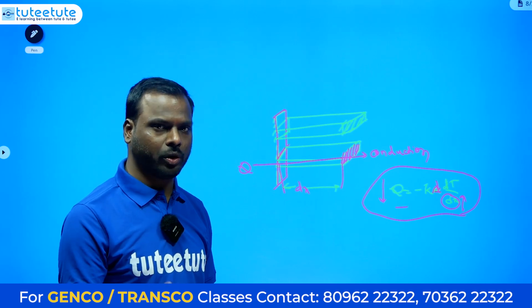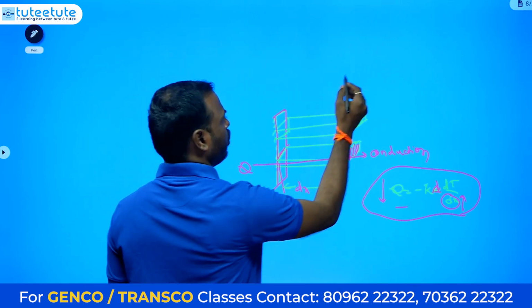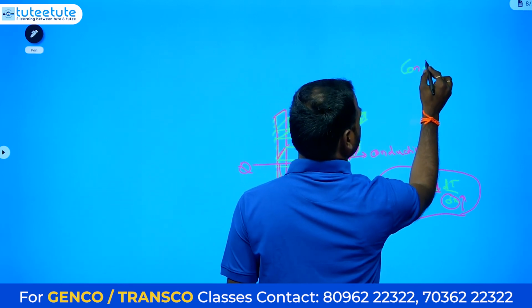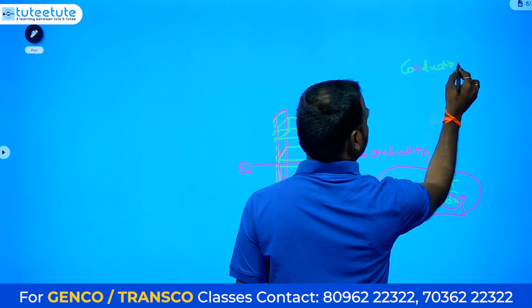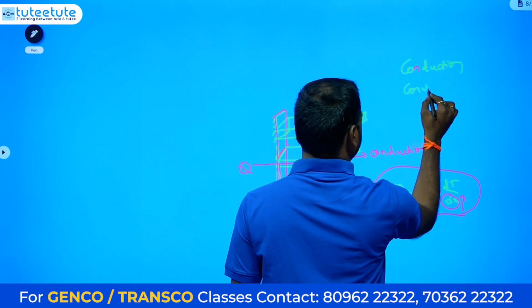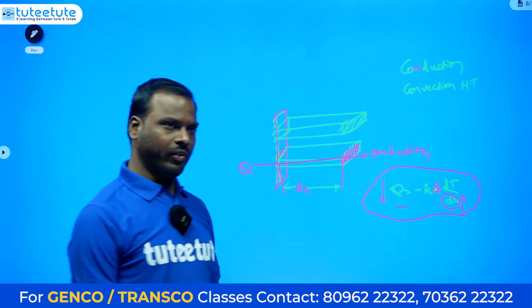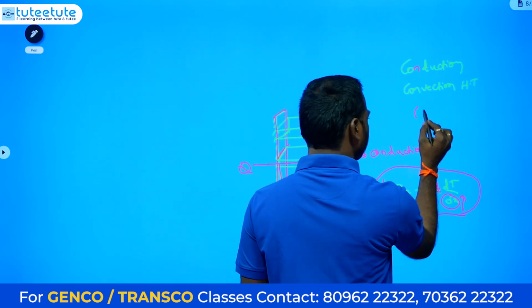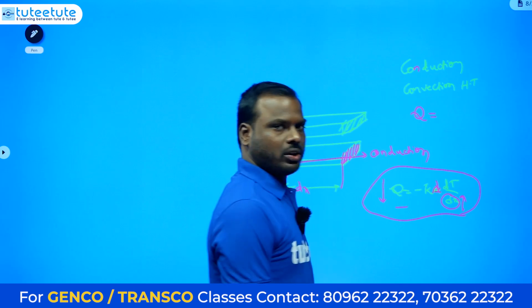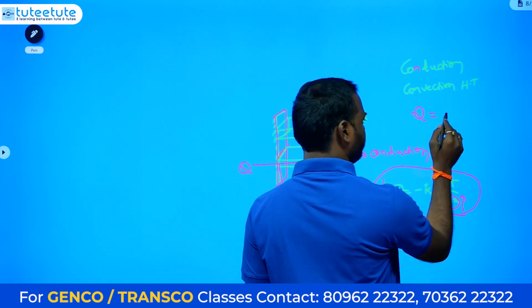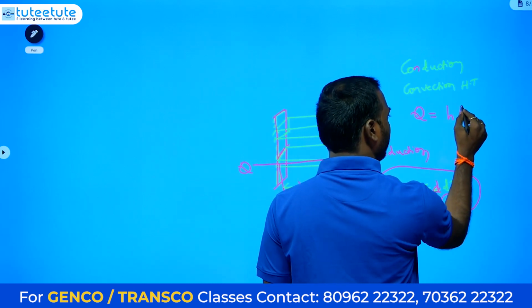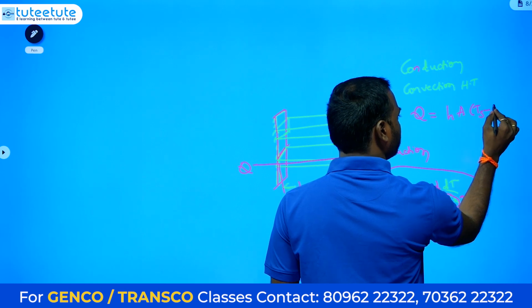Then how are we going to manage? There are two things: one is conduction heat transfer, and one is convection heat transfer. If you look at convection heat transfer, what is the equation? Newton's law of cooling. Q is equal to hA (Ts minus T infinity).